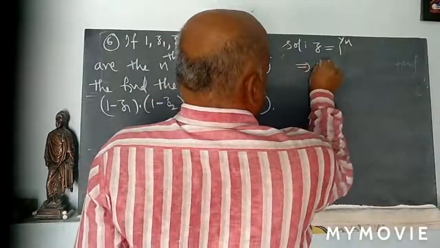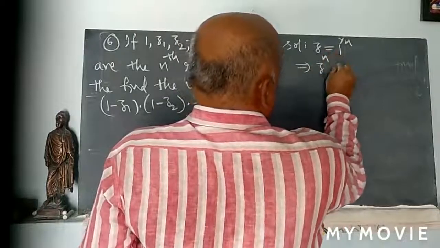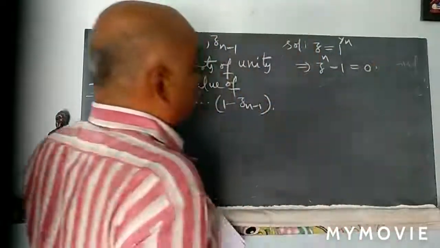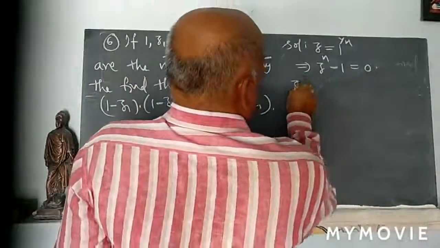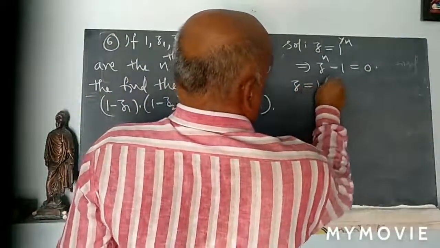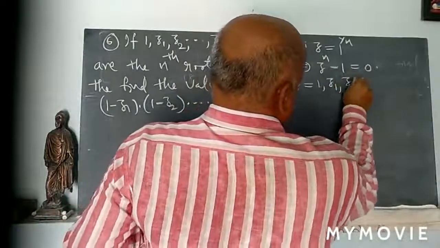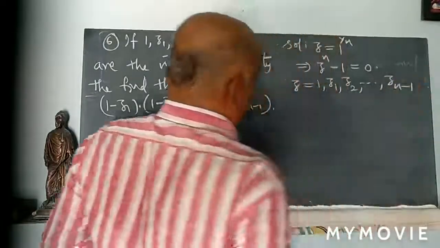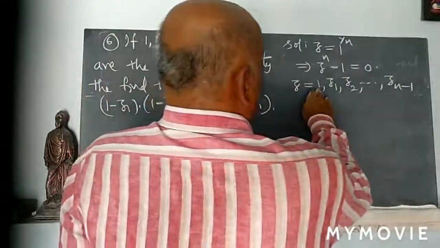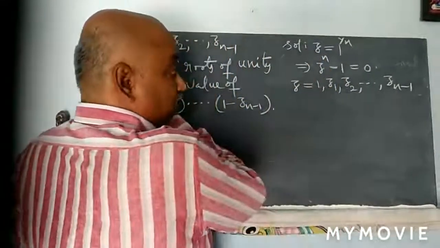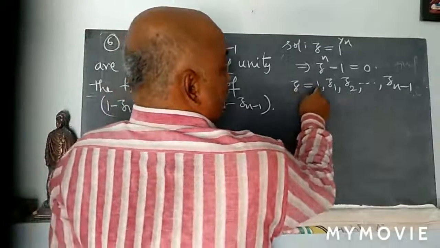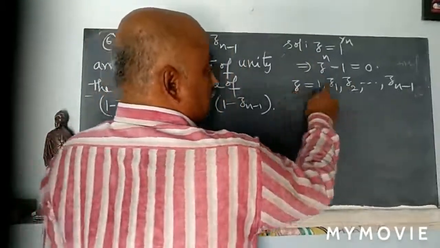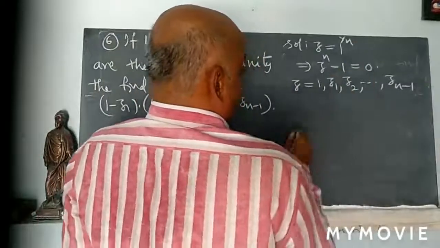This implies z to the power of n minus 1 equal to 0. The z values are 1, z1, z2 and so on up to z(n minus 1). If 1 is a root of this equation, z minus 1 is a factor. If z1 is a root of this equation, z minus z1 is a factor of this equation.